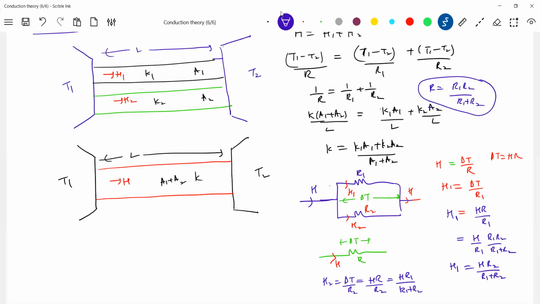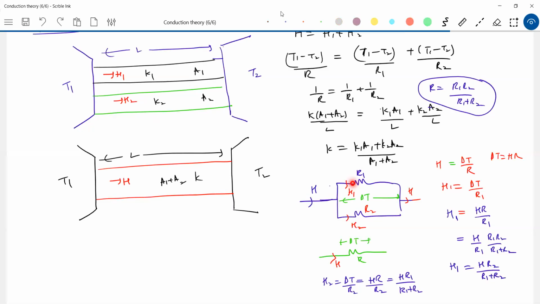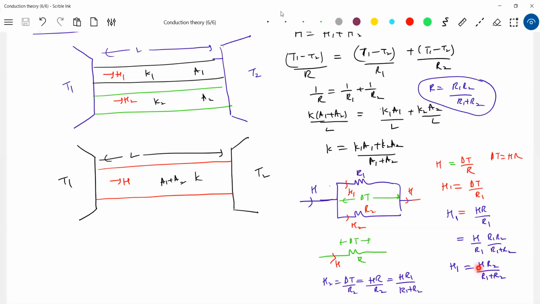What is H1? Heat current in rod 1. What is H2? Heat current in the second rod of thermal resistance R2 here. So if you know the thermal power, the main branch current, then how to calculate the heat current in the sub branches? Directly we use this particular formula.